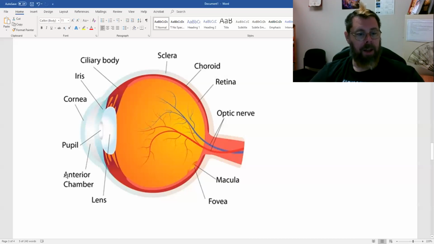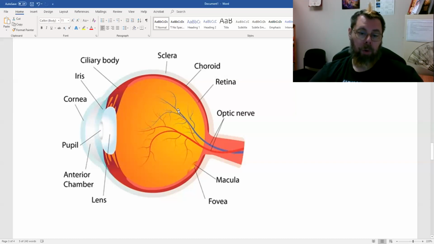Forget about this guy and that. The retina, this kind of pink thing here, that is where all of the photoreceptors live. There's a bipolar cell and a ganglion cell. Light comes through all this stuff, through this aperture, through the lens, gets redirected to the fovea, which is kind of this zone where you're trying to get light to arrive, because that's where the highest density of photoreceptors is.